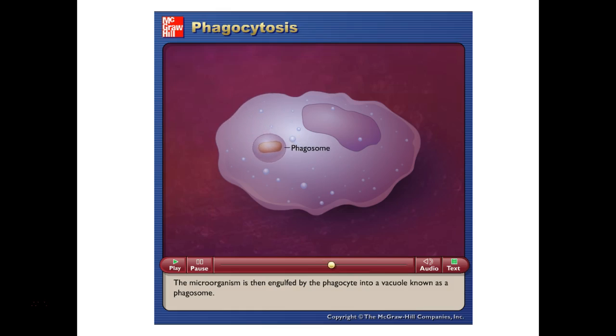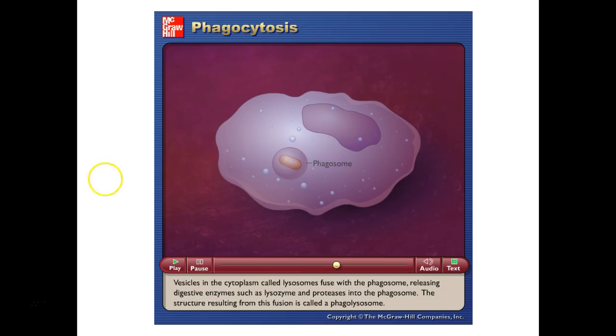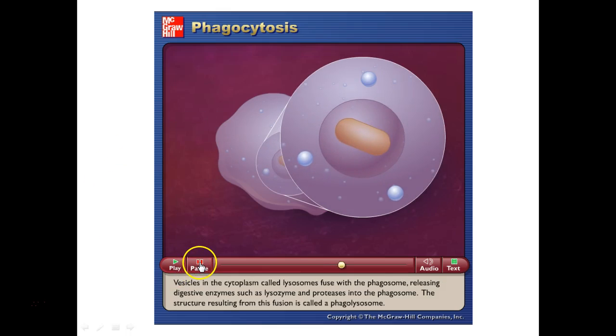When it's phagocytosis, we give it the special name of being called a phagosome. So then once the phagosome is formed, we've trapped them in basically a little cage, a little vesicle called the phagosome.